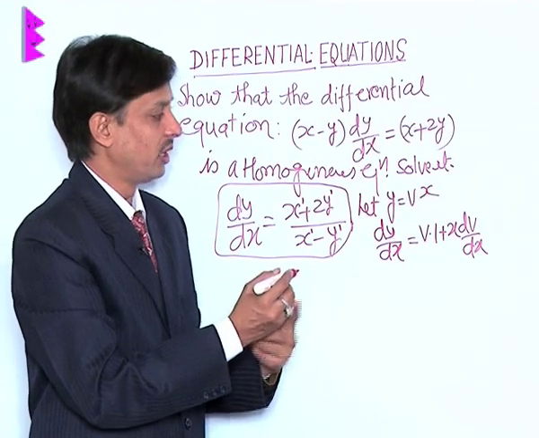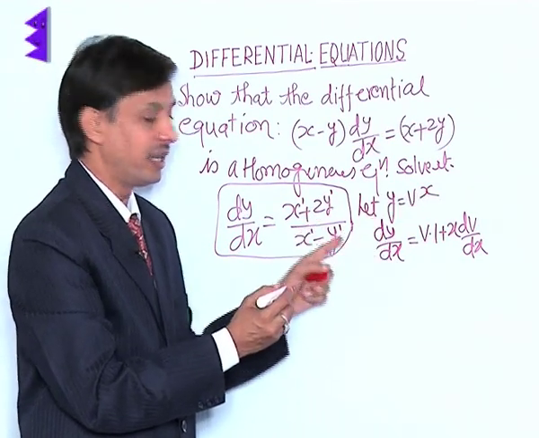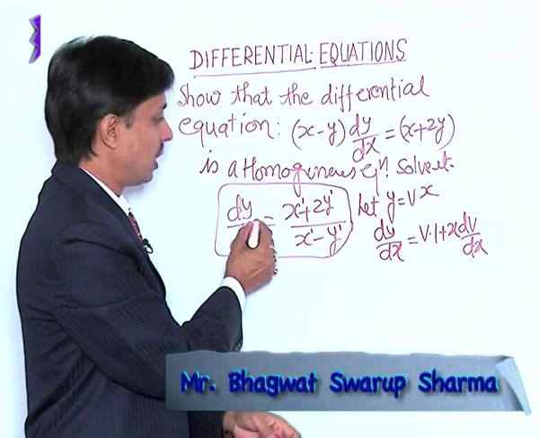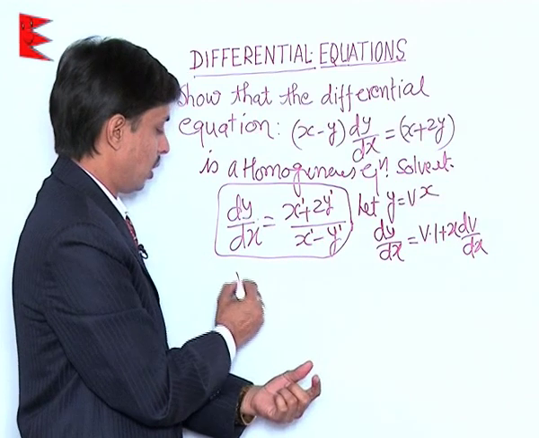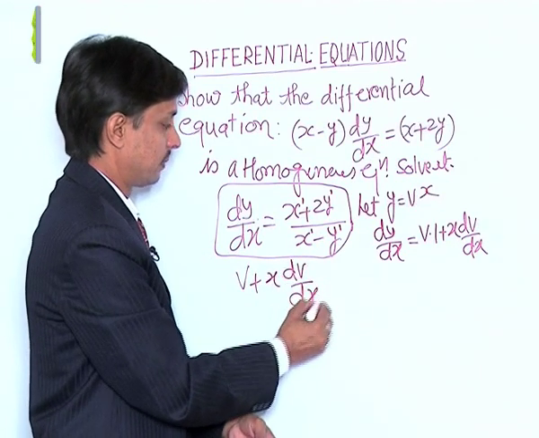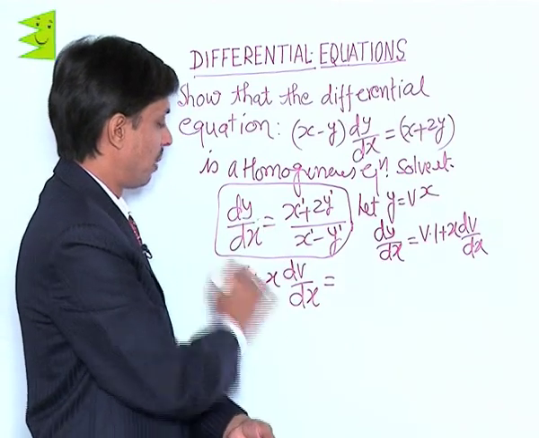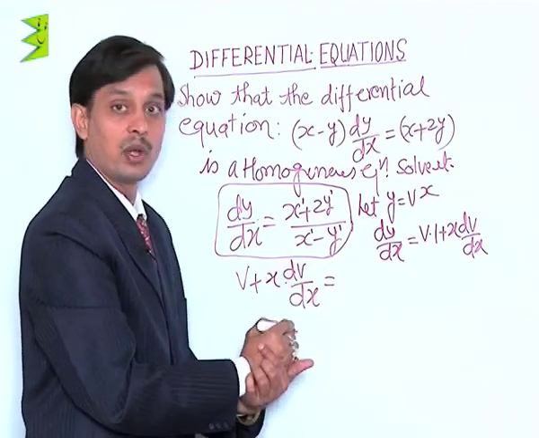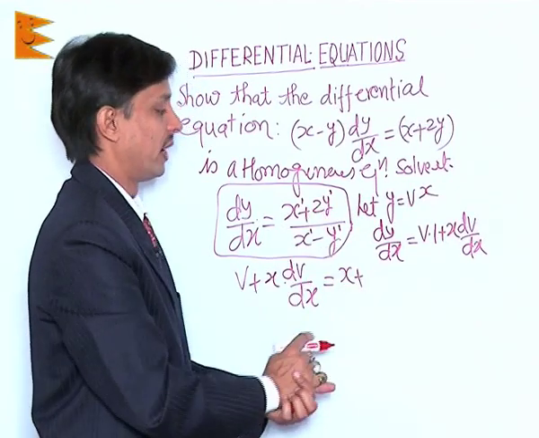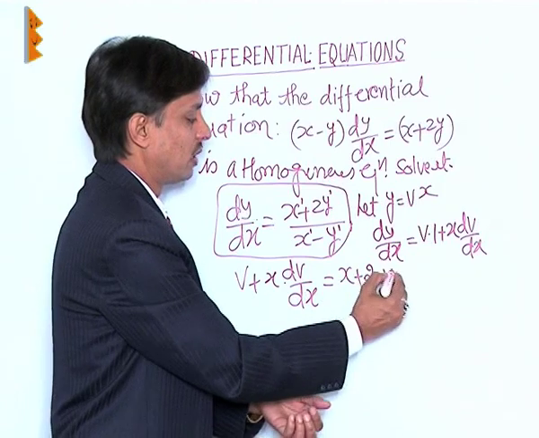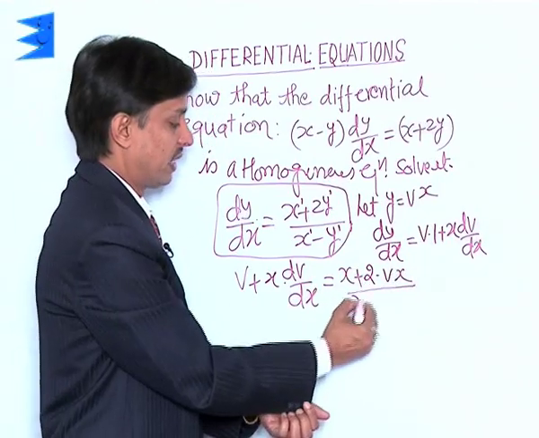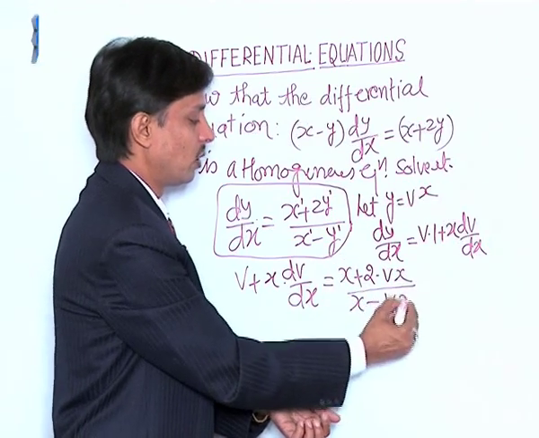So on putting the values of y and dy by dx in this equation, dy by dx is replaced by v plus x dv upon dx, which is equal to x plus 2y, where 2y is 2 into vx, divided by x minus y, which is x minus vx.